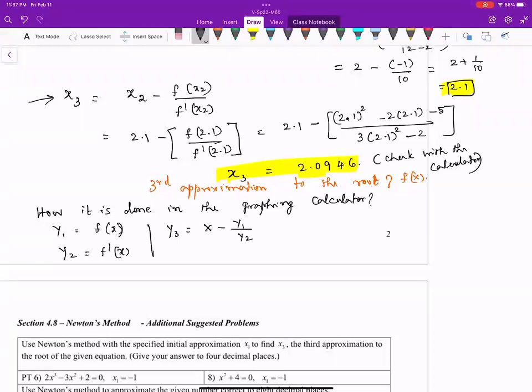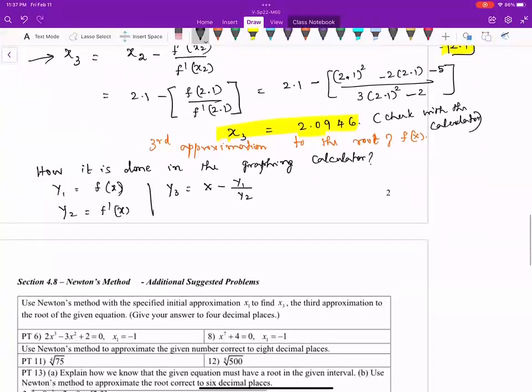The denominator is f prime x, so y1 over y2. And then you need this x2 every time, or x2 or x3, so we call it dx, x minus y1 over y2. Then you will be going to the home screen by clicking the quit button.